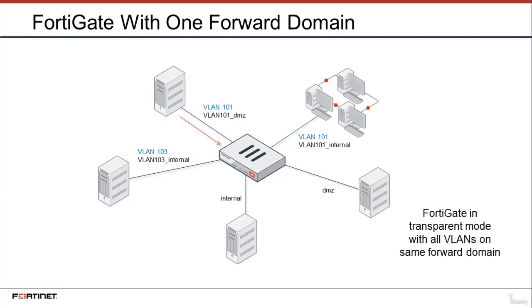Because all interfaces belong to the same forward domain, FortiGate rebroadcasts to all other interfaces, even to interfaces that belong to different VLANs. This generates unnecessary traffic. After that, the ARP reply will still arrive on only one interface.